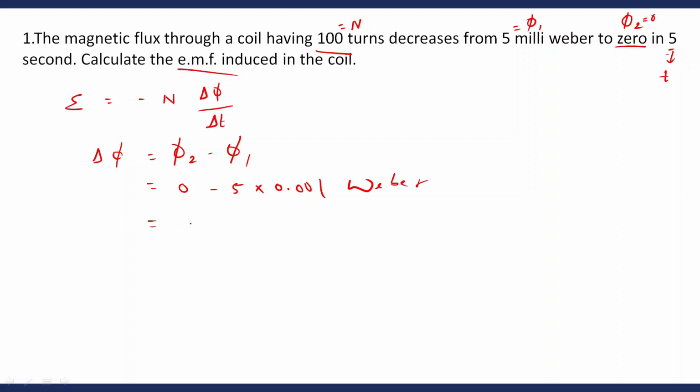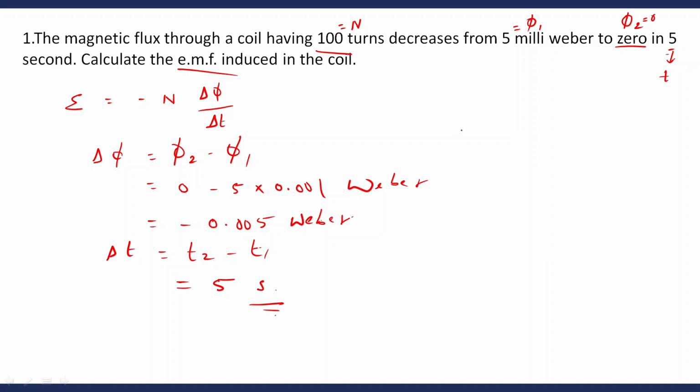That equals minus 0.005 weber. Time, delta t equal to t2 minus t1. The time difference given in the question is 5 seconds.